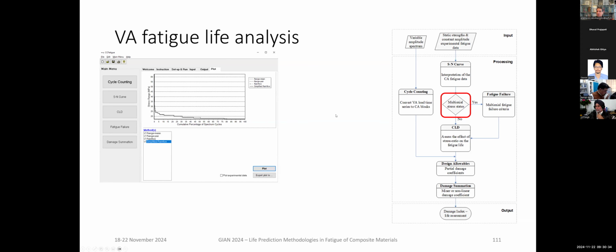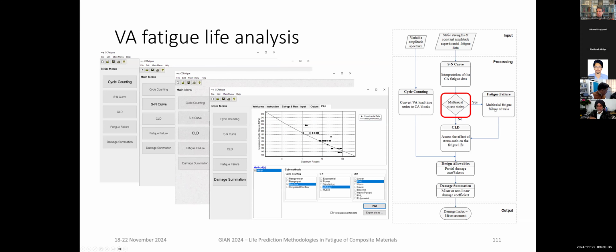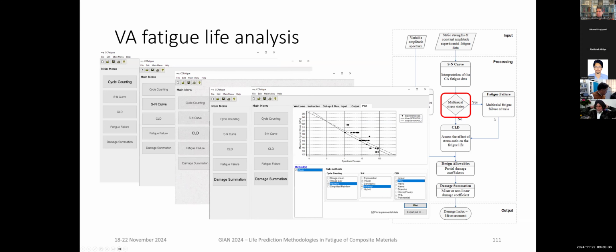And there you need to implement multi-axial failure criteria. In this case, we have here some results showing that again the prediction is quite accurate with this methodology.